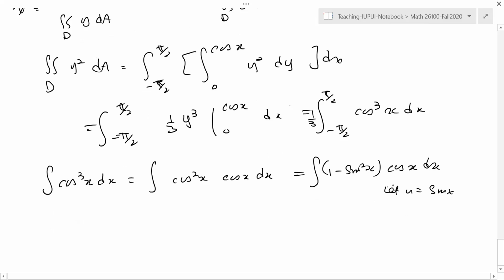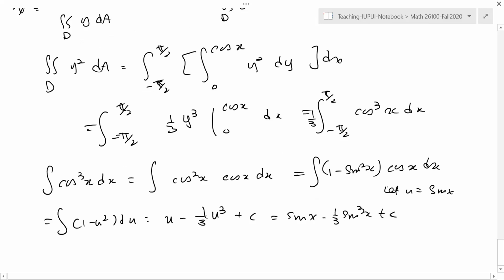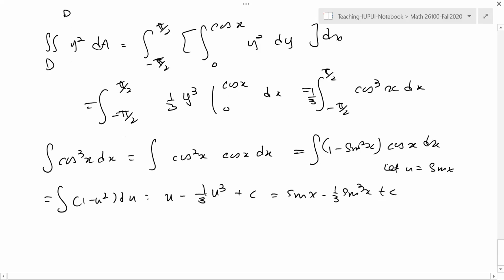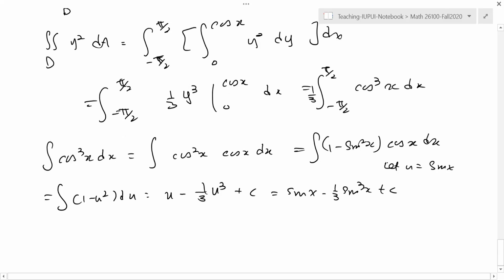So du is going to be cosine x dx. So this is going to be 1 minus u squared du. So it's u minus 1/3 u cubed. Okay, so this is the antiderivative. So you can say sine x minus 1/3 sine cubed x plus c. So we use that, then you find the value.